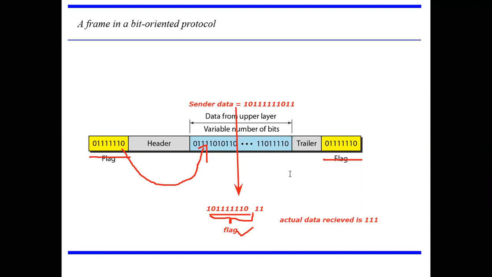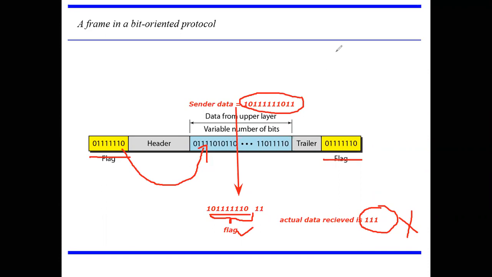But your original data is this one, and the data you received is this one. Whether you received the correct data? No, the information got lost because of the presence of flag. So to overcome this problem, we are going with bit stuffing.